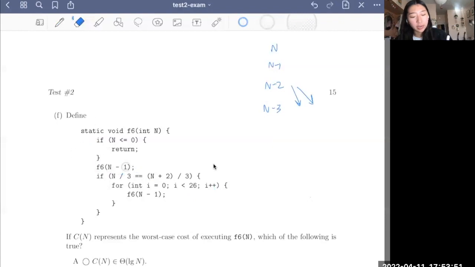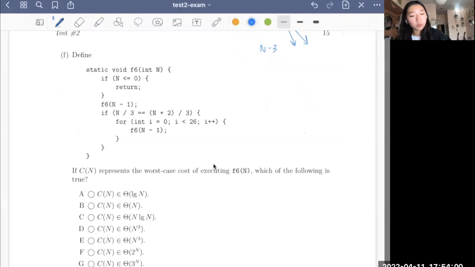Every 3 levels, in other words, n over 3 of the levels, result in 27 calls. So if we want to know how big this last level is, that's going to be 27 to the n over 3 power. Because n over 3 times we end up branching 27 times, and that's ultimately the driving factor for how big this bottom level is.